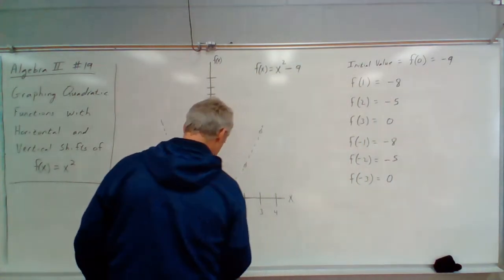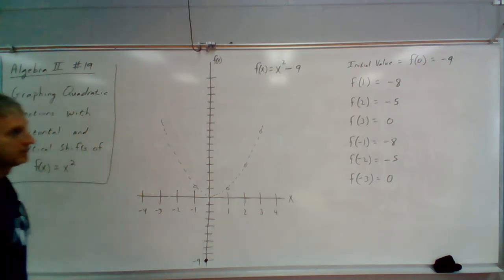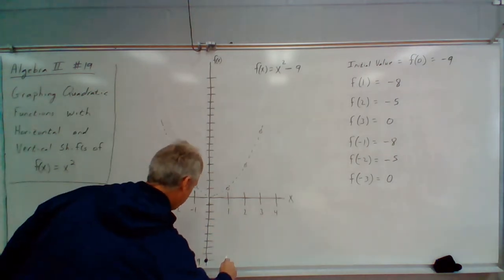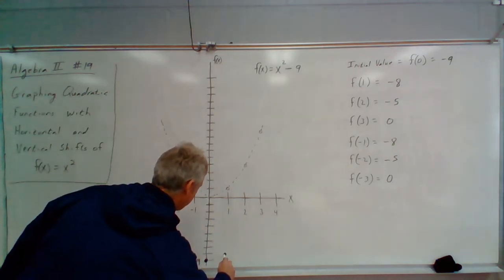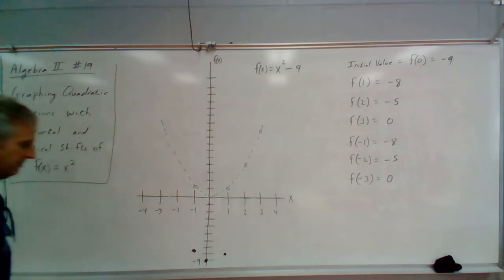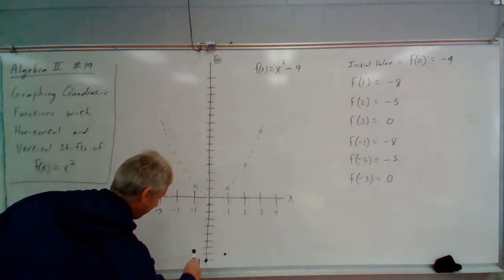Initial value is negative 9. f of 1 would be negative 8. So I plug in a 1, I get negative 8. If I plug in a negative 1, I get negative 8. It's a little crooked.